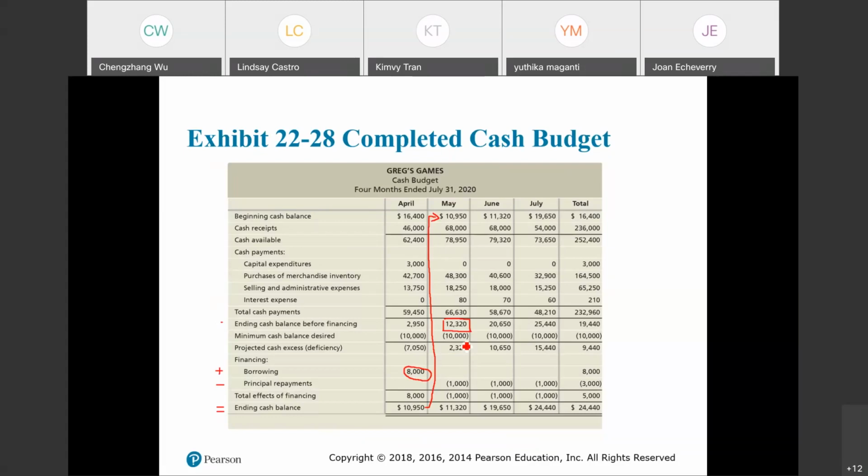Okay, let's see. The interest in May is $80. How do we get this $80?